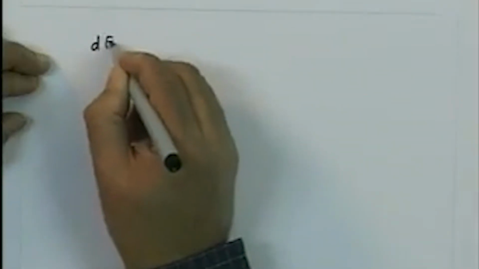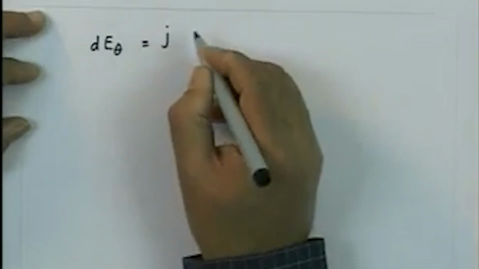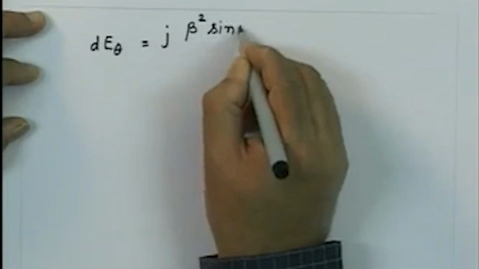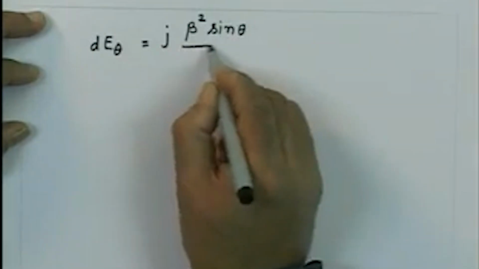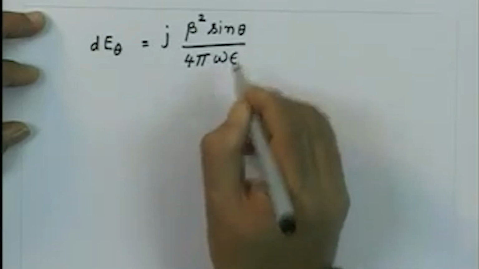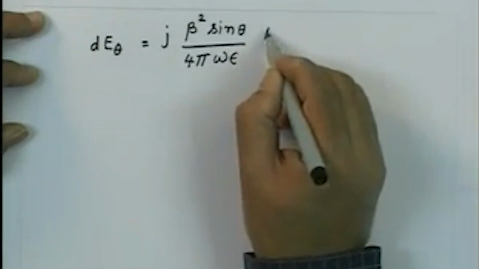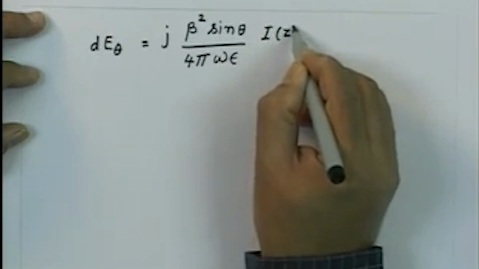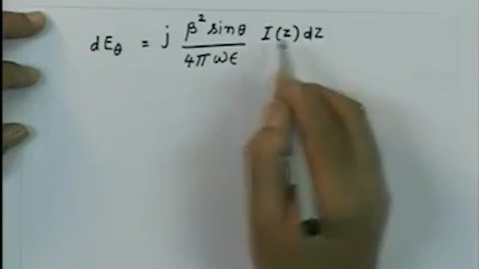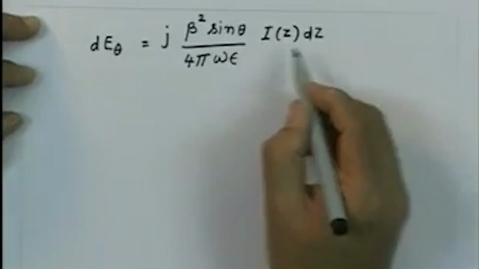For the infinitesimally small current element, the Hertz dipole fields are derived. Let us call that d E theta, which will be equal to j beta square sin theta divided by 4 pi omega epsilon, times I of z into dz, that is now the current element, because at location z the current flowing is I of z, and dz is the length of the current element.